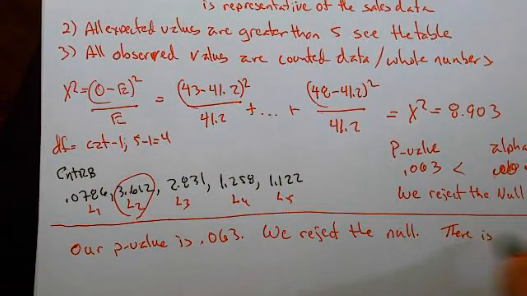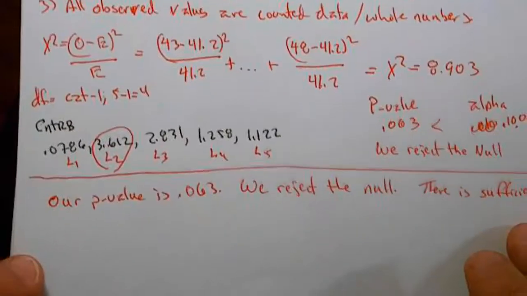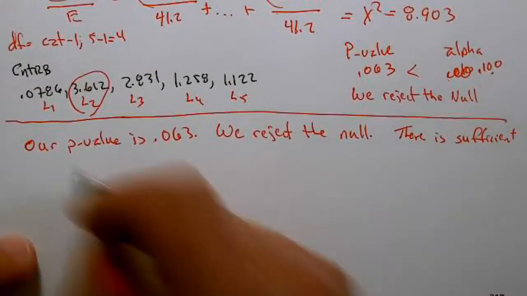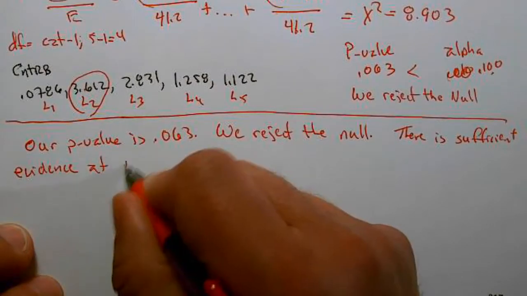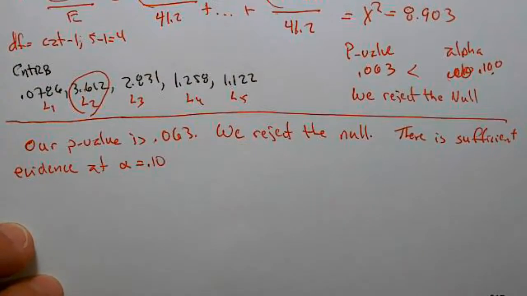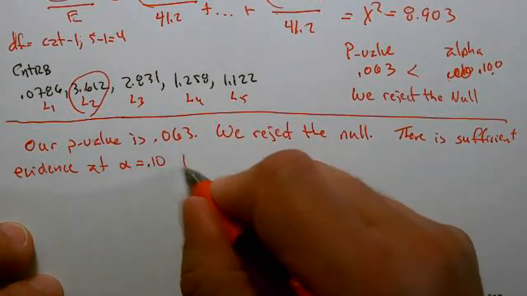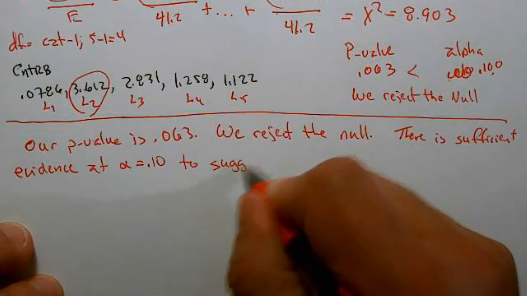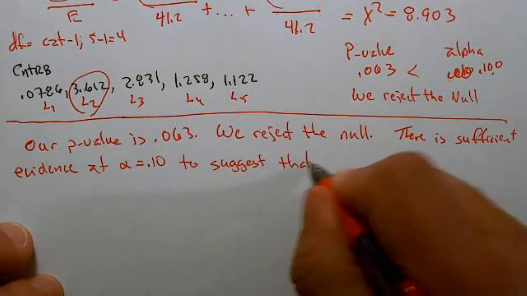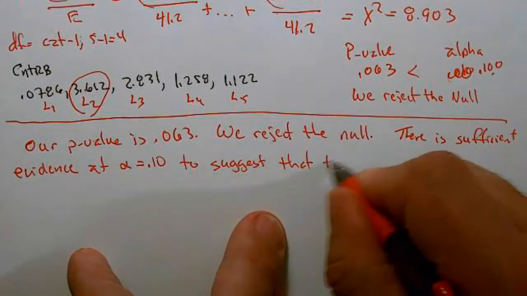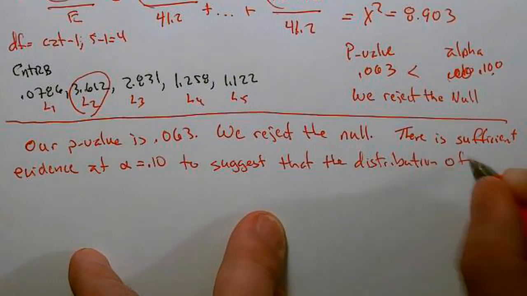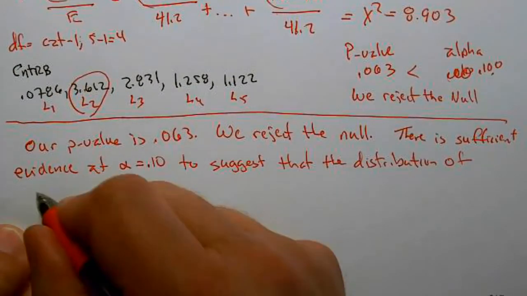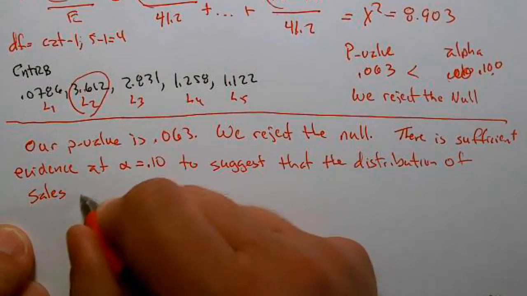There is sufficient evidence at alpha equal 0.10, not 0.05, but 0.10, to suggest that the distribution of sales is not uniform.